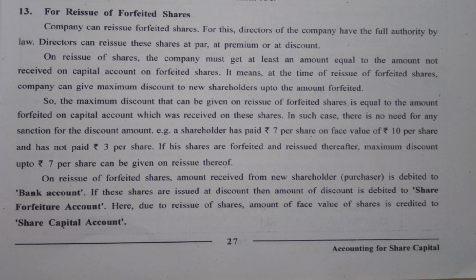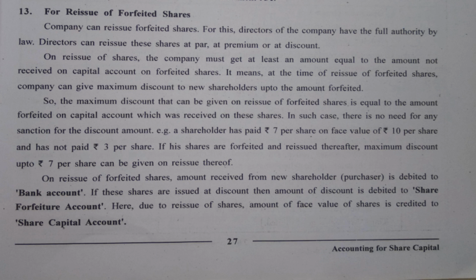That means whenever a shareholder fails to pay the amount due on any call, on allotment or first call, final call, what will a company do? The company will forfeit the shares after necessary formalities. Yes? And after forfeiture of those shares, they are reissued further, which is reissue of forfeited shares.